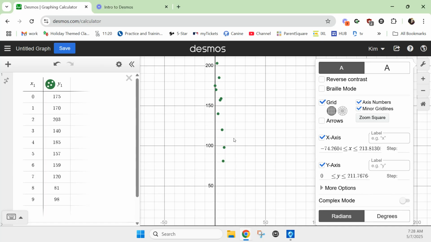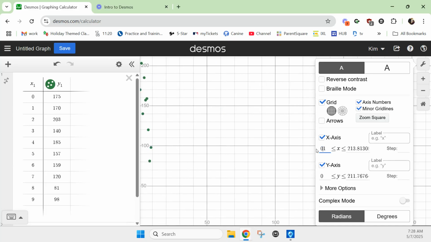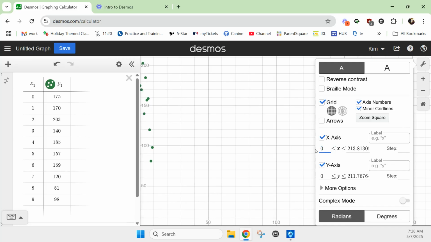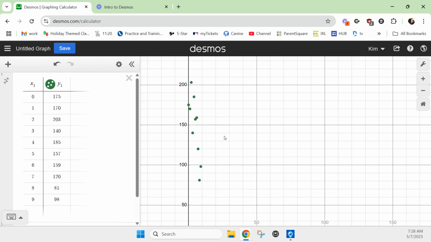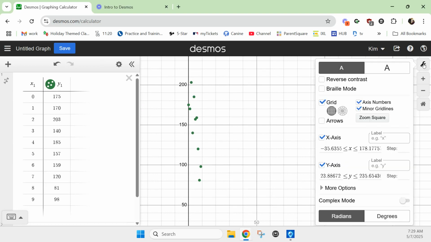But, okay, it still looks funny, but could I change this? Do I really need the negative numbers on the x? Nope, I don't. Okay, so there are the zeros. And what's the highest x value we used? Oops, it didn't like that.